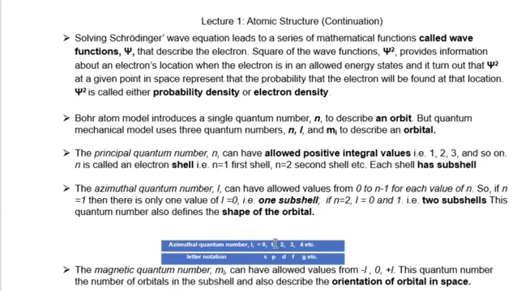When L is equal to 1, small p. When L is equal to 2, small d. L equal to 3, small f. And if L is equal to 4, then g. These are the symbols we use.